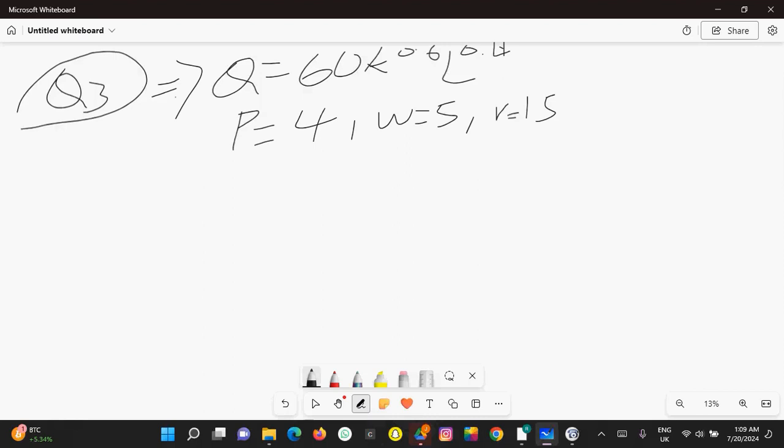Right. So marginal product of labor is equal to the derivative of Q with respect to L, since we are going to differentiate what is in here.